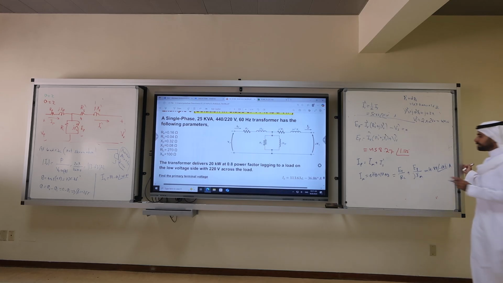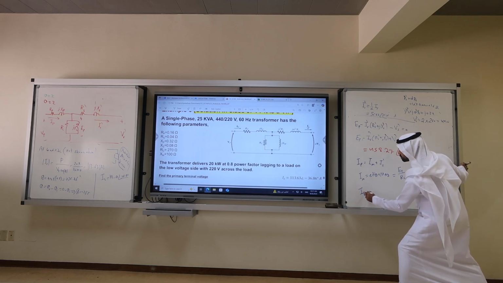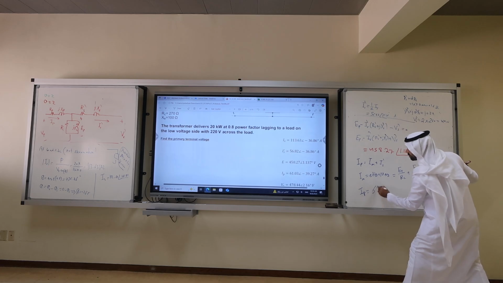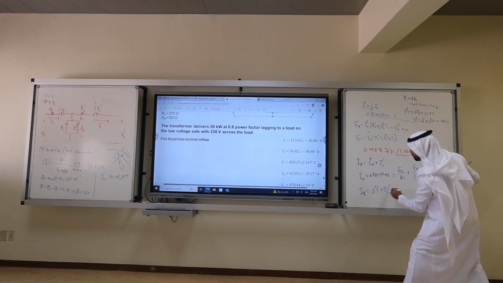So what is IP? Summation. 61.03 at angle minus 39.27.